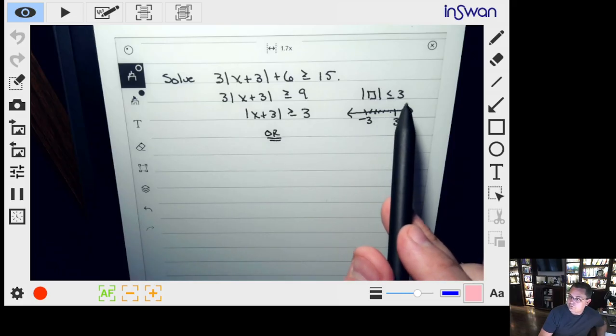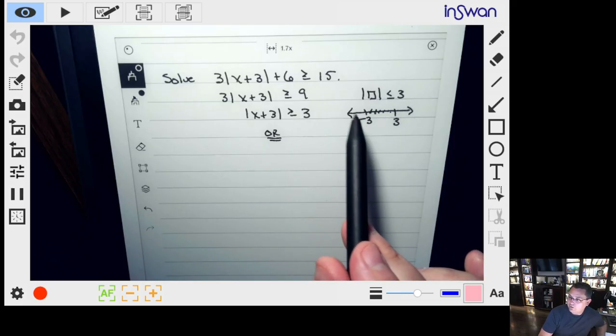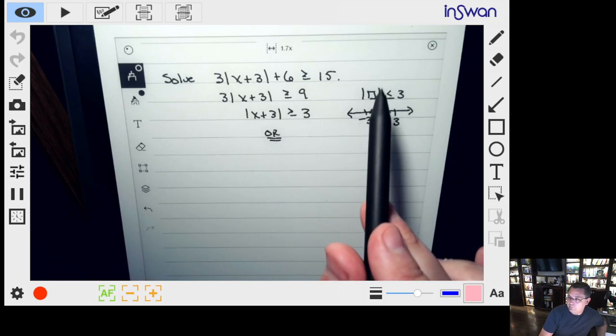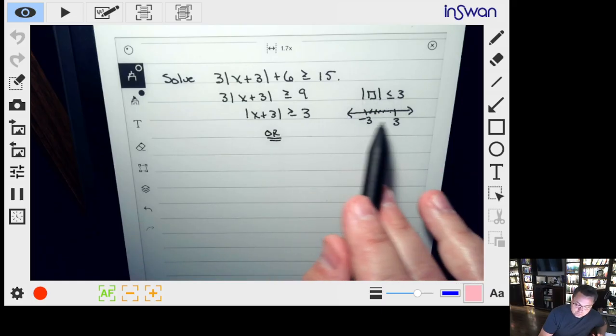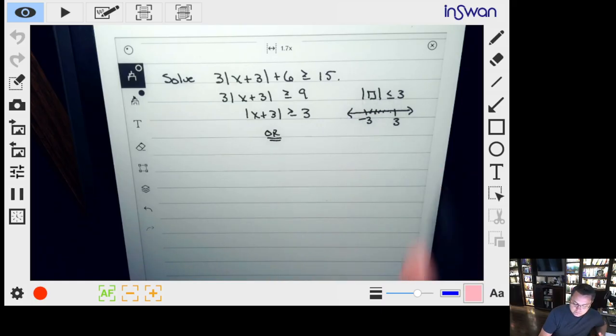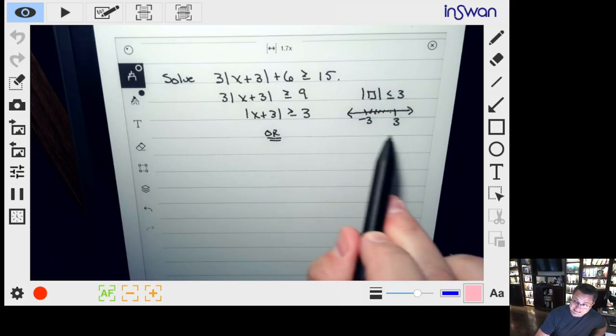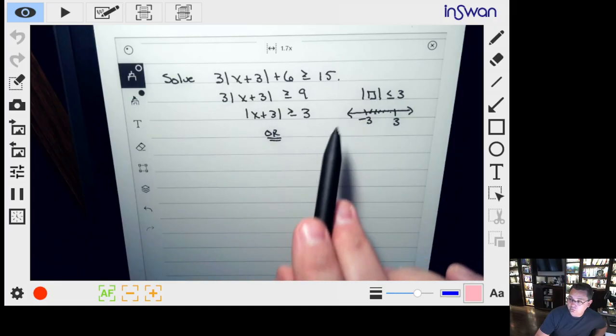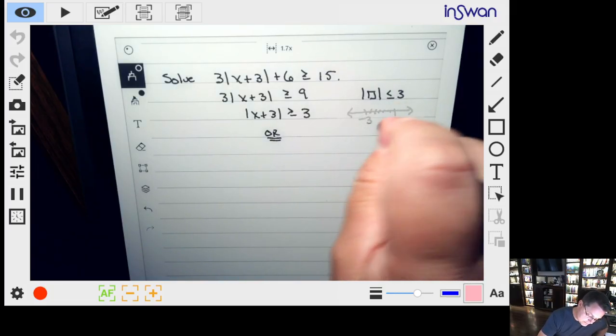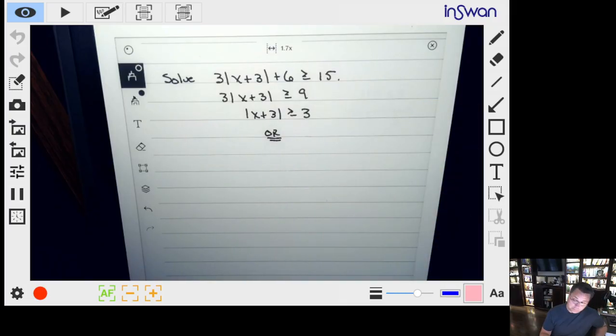That's clearly less than or equal to 3. But if I go outside of these bounds, if I plug any of those numbers in here, it wouldn't work. So since we're including this area where they're stuck together in there, this is going to be an and statement. Okay, so ors are when it faces your absolute value, ands are when it faces away from your absolute value. So it's going to be an or statement.